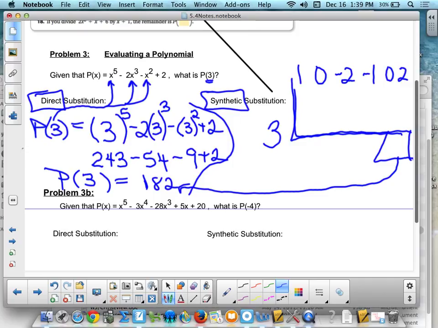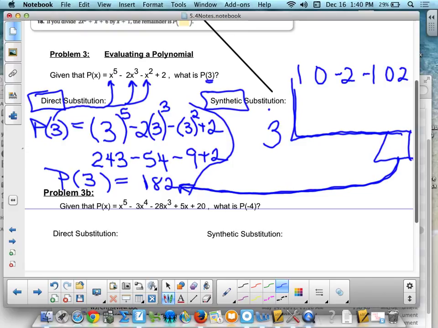So Ty, this is your practice that you wanted. So basically, guys, if you want to evaluate your function at 3, you can directly put it in or you can synthetically put it in. It works either way.